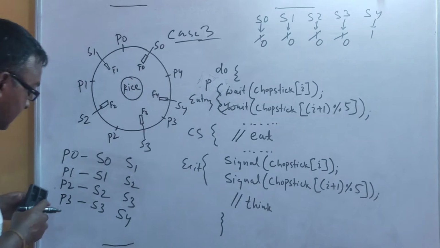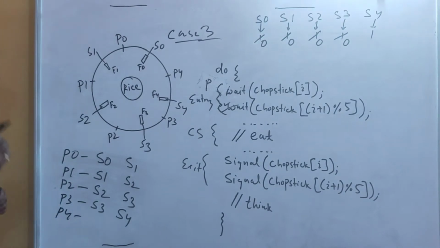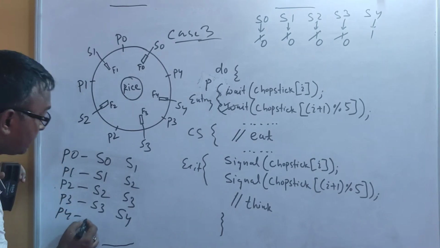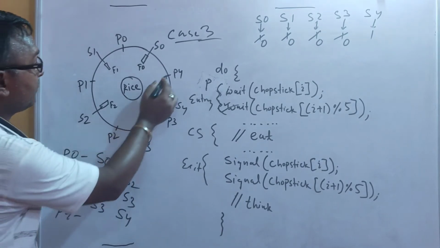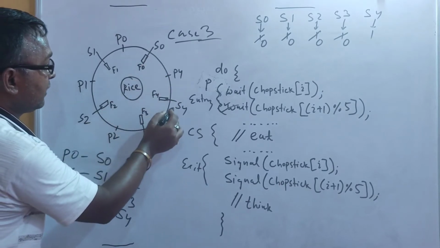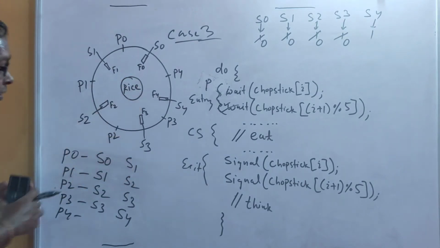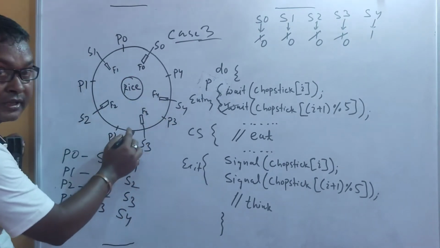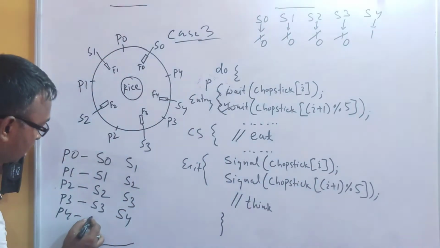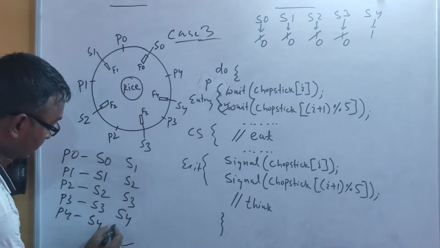Now process P4 wants to access the resource. P4 will execute semaphore S4 and S0. Which one is the left hand side? F4, that means semaphore S4. So it will execute S4 first, then S0.